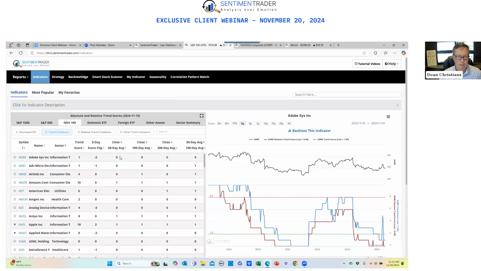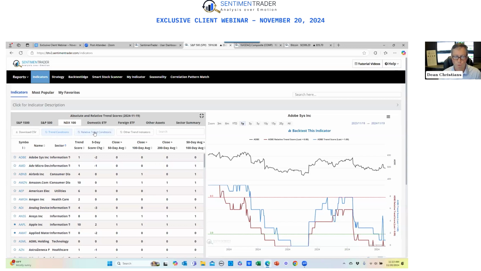Adobe is below its 50-day average, which means it has a trend condition of 0. It's below its 100-day average. It's below its 200-day average. And so you get an idea of which components are either positive or negative for the trend score by clicking on this subfolder.